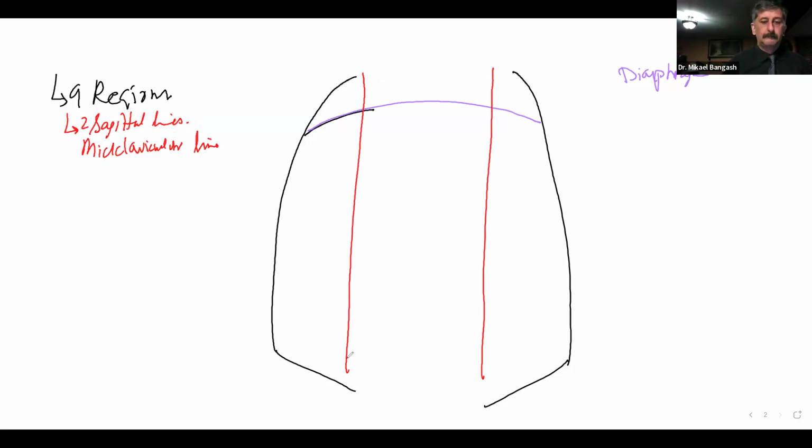Did you guys get that? Okay, so we may have a right midclavicular line along the right side and a midclavicular line on the left side. So there's going to be one which is right and one which is left.